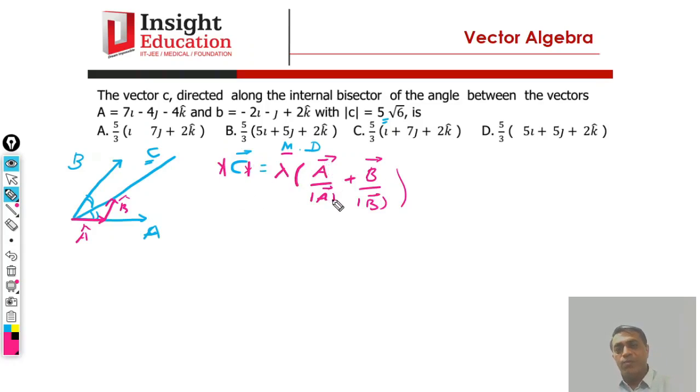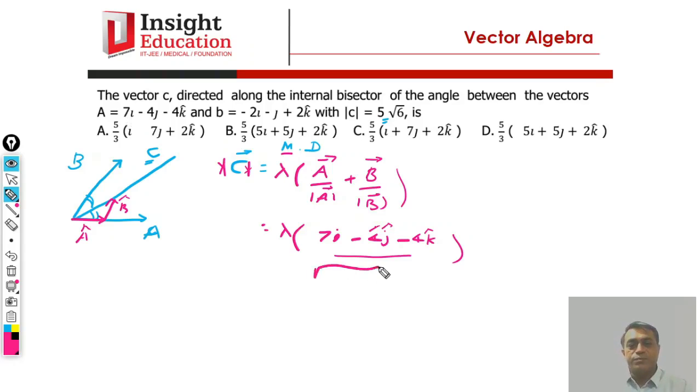So lambda times A upon mode of A. A is 7i minus 4j minus 4k, divided by mode of A, which is under root 7 square plus 16 plus 16, so 49 plus 32, that is 81, so divide by 9.